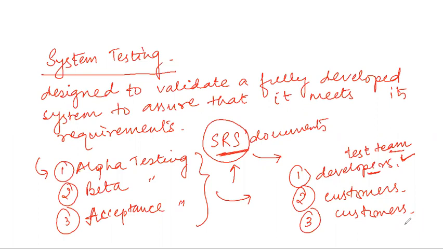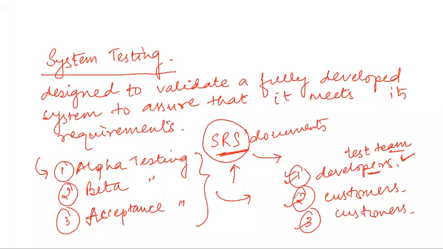Okay, but it need not happen that since three types of people are testing, the test cases need to be different. It may not happen. The test cases can be the same or they can be different. The difference will be in who is carrying out the test, because the test team may easily test the product with the test cases.